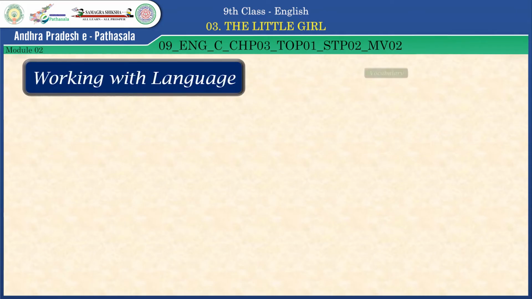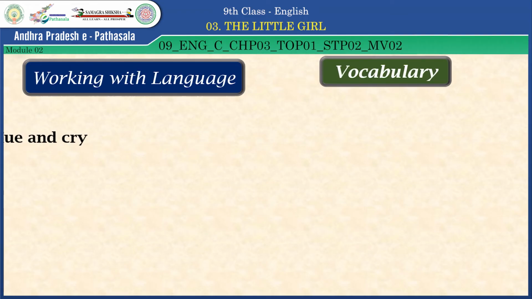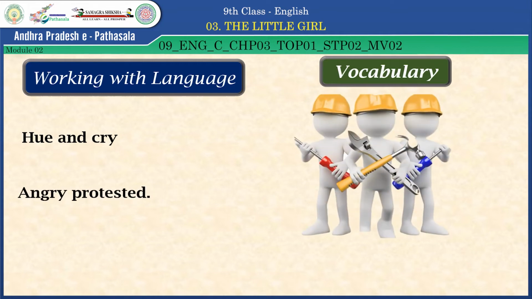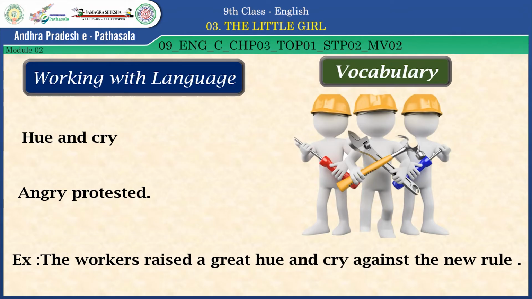Working with language, vocabulary. Hue and cry. The meaning of this word is angry protest. Let us see the example. The workers raised a great hue and cry against the new rule.